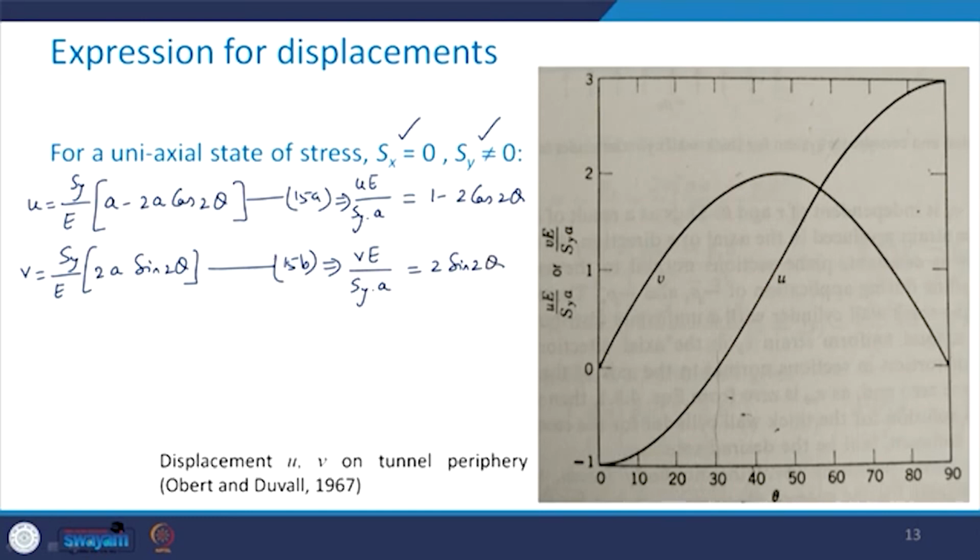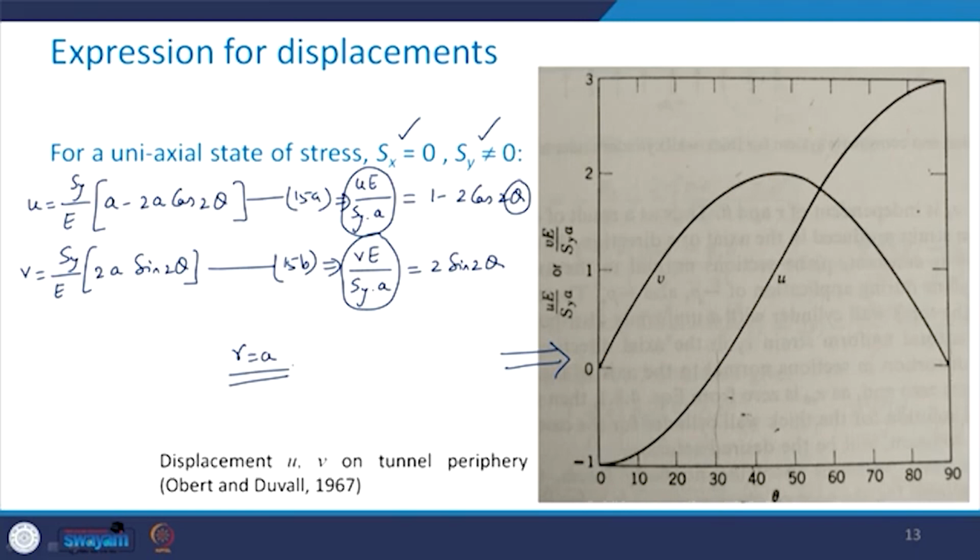Now the variation of this quantity and this quantity with respect to theta has been shown in this figure on the tunnel periphery, that is when you have r equal to a. That is the case that we are considering.